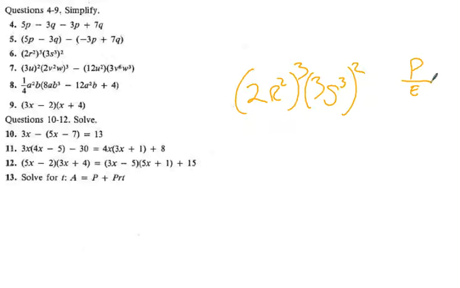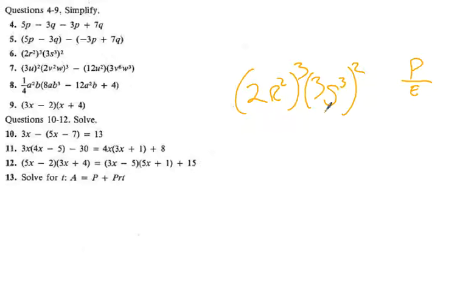All right, and number 6. I'm going to write it over here so I have some room. I have 2r squared to the third power times 3s to the third, squared. All right, so order of operations tells me that I must do parentheses first.